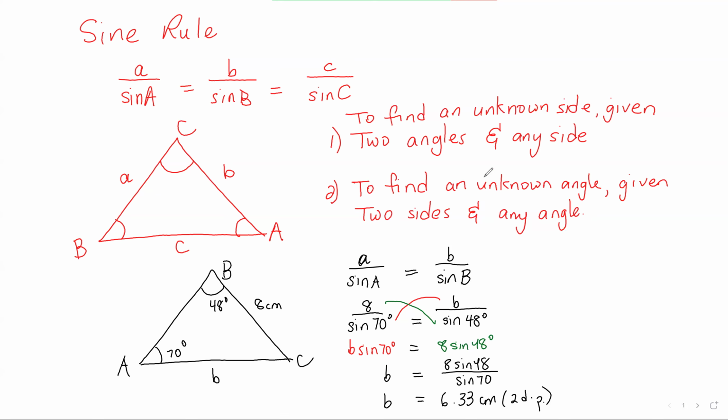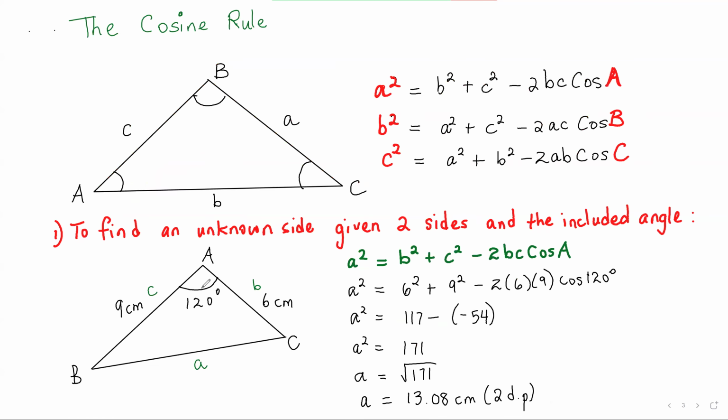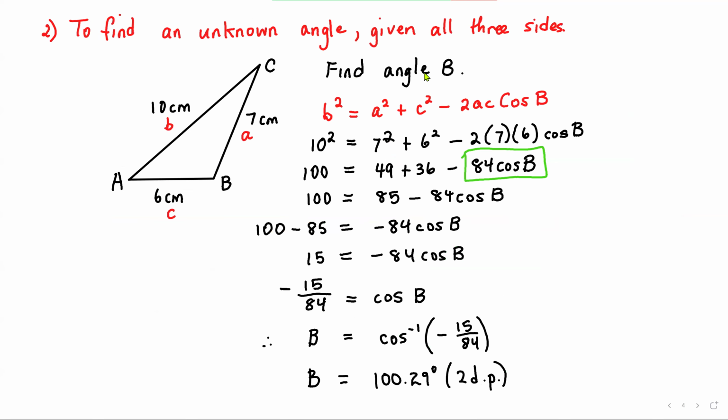So these are the conditions for the sine rule. And the cosine rule, it's when you have to find an unknown side given two sides and the included angle, that's the angle between those two given sides, or to find an unknown angle given all three sides.